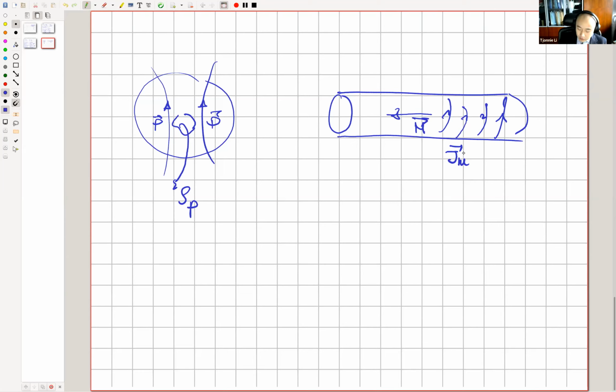Whereas, consider the opposite, which is the free current or the free charge density. These are things that I put into the system externally, either by putting charge on this conducting sphere or by winding a solenoid around this magnetized material.